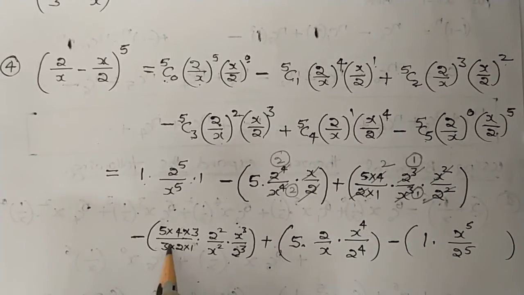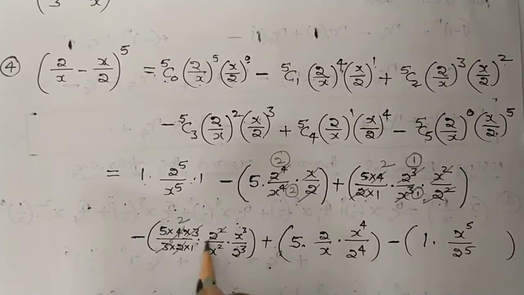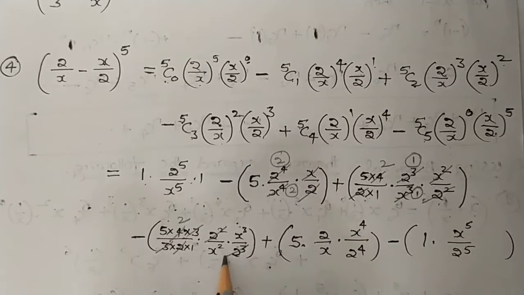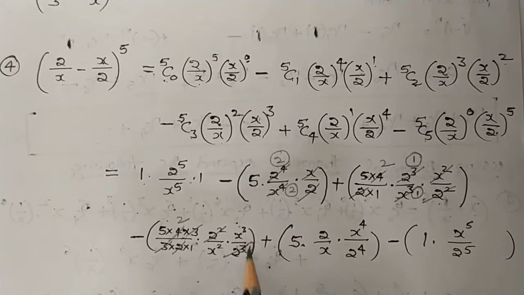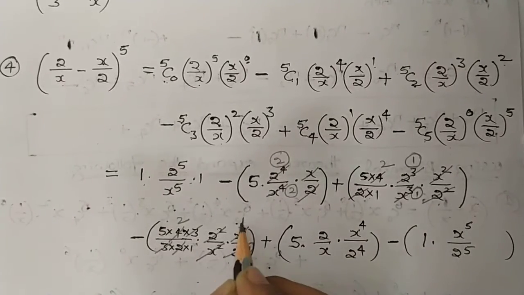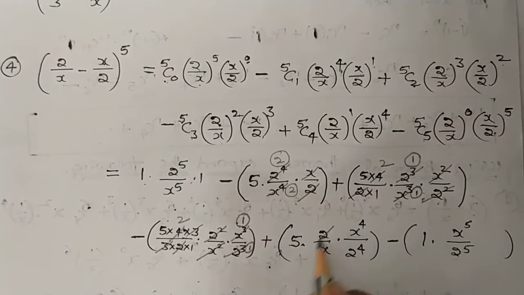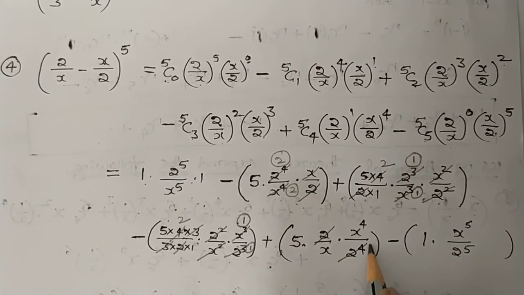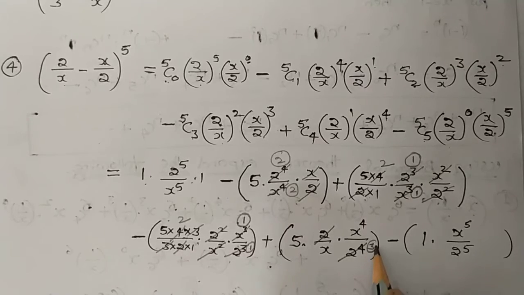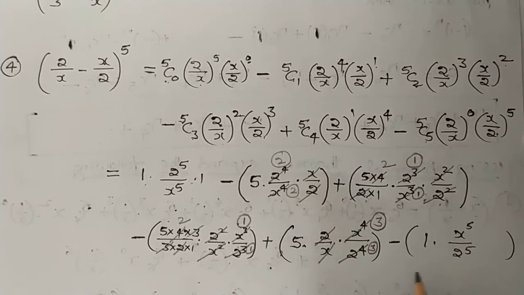Next 3 get cancelled, 2 ones are 2 twos are, 2 square will get cancelled, in 2 cube 1 2 will be there, x square and x cube will get cancelled, 1 x will be there. Next 2 and 2 power 4 will get cancelled, 2 cube will be there, x power 4 will get cancelled, x cube will be there.